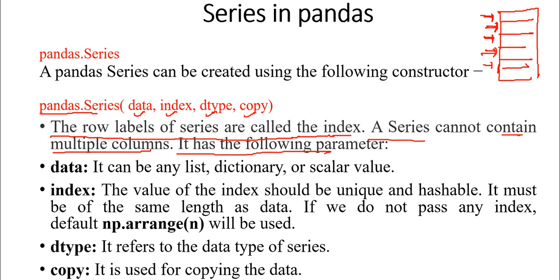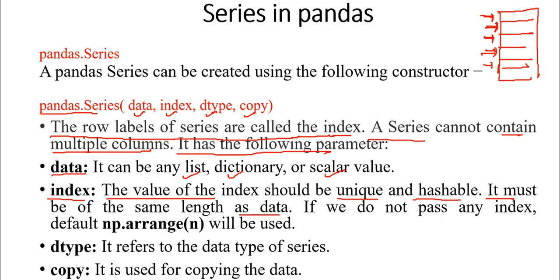It has the following parameters. Data: you can supply the data in the form of a list, dictionary, or scalar value, and everything will be converted into a series object. Index: either you can use the default index or give your own index. The value of the index should be unique and hashable, and it must be of the same length as the data.